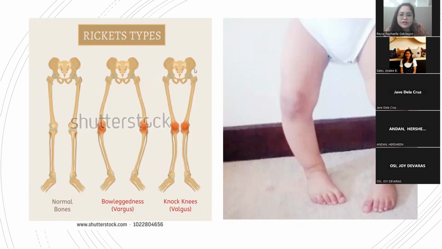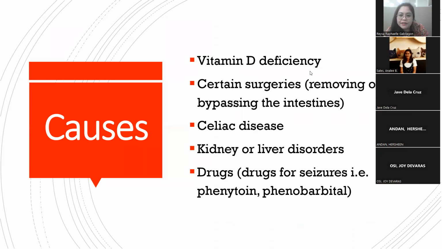So what are the causes of osteomalacia? Again, we have vitamin D deficiency, and then we have certain surgeries like removing or yung mga babies class na may problem sa intestine. Tapos may example, nire-remove yung part ng intestine o kaya nagbabypass sa intestine mismo kasi nga may problema. Nahihirapan kasi sila sa absorption yan.